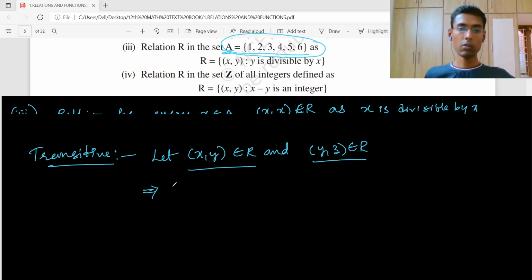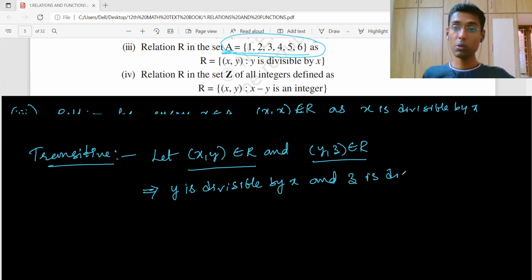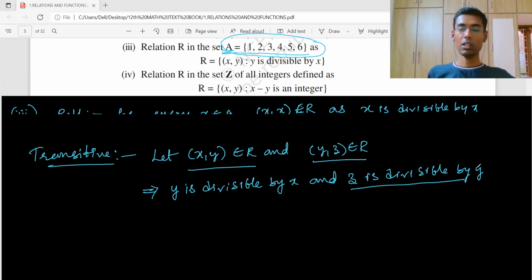So we have to prove that z is divisible by x. y is divisible by x and z is divisible by y. Divisible means z is a multiple of y, and y divisible by x means y is a multiple of x. So automatically, z is divisible by y, which is divisible by x. That implies z is divisible by x.